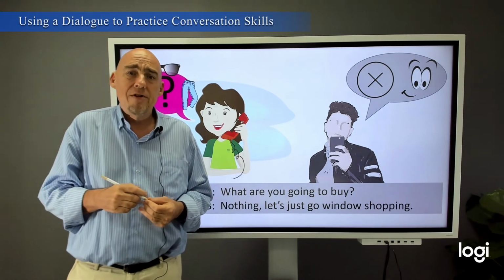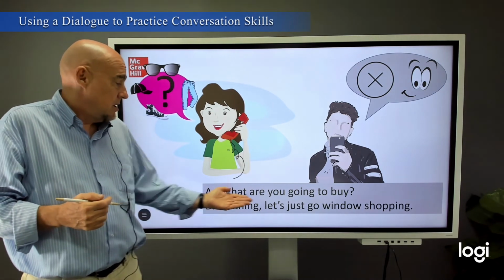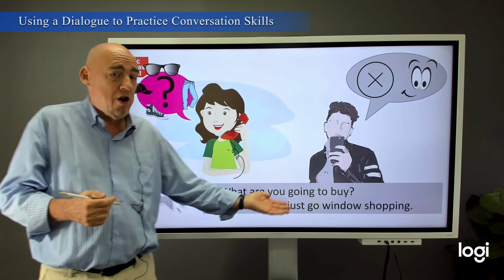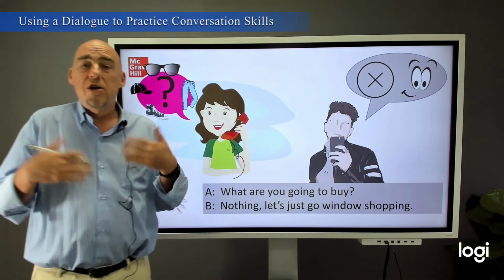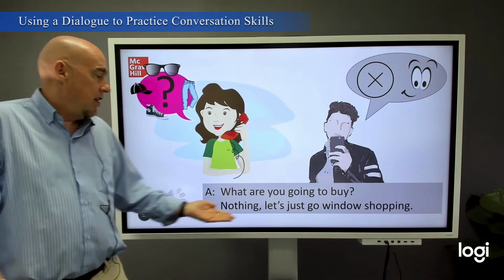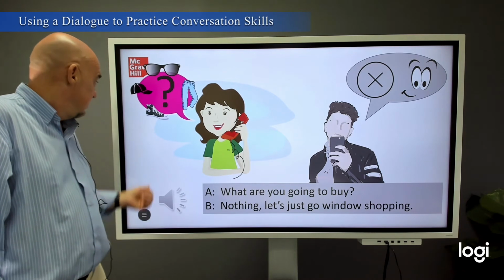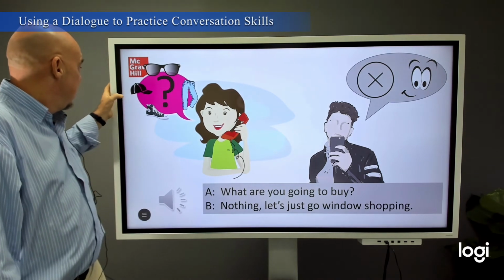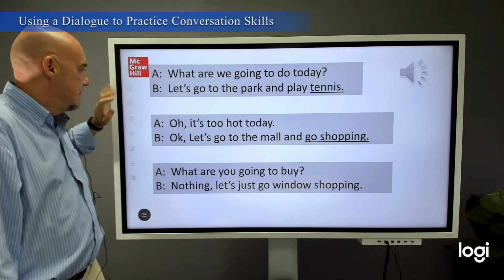Students should have, at least they should have this grammar point. What are you going to something? What are you going to do? What are you going to buy? And then let's just go. Let's go to the next page.